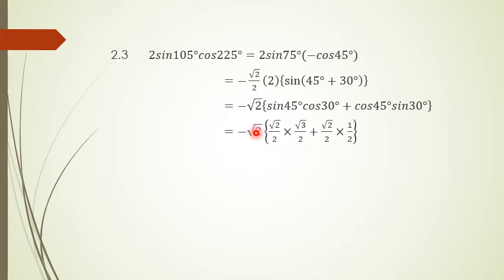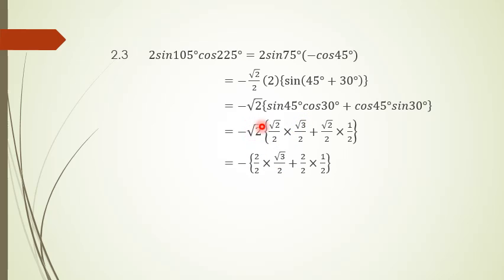So square root of 2 will only multiply the first factor here and the first factor there. I choose here to keep the minus sign outside the bracket. So that's minus square root of 2 times the square root of 2 gives 2. That's over 2 times square root of 3 over 2.